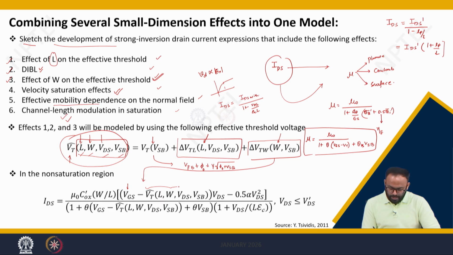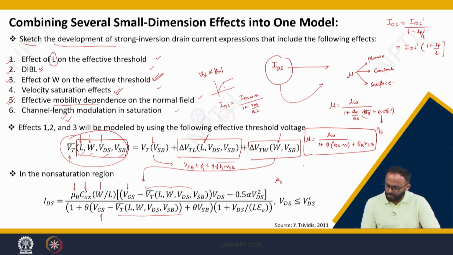So VT can be replaced by VT cap into VDS minus 0.5 into alpha VDS square into mu into Cox dash into W divided by L. Now instead of taking mu in our basic model, we are taking mu naught, which also captures the effect of effective mobility mentioned in point number 5. So we can rewrite as mu naught divided by 1 plus theta into VGS minus VT. Again VT can be replaced by the effective VT, right.